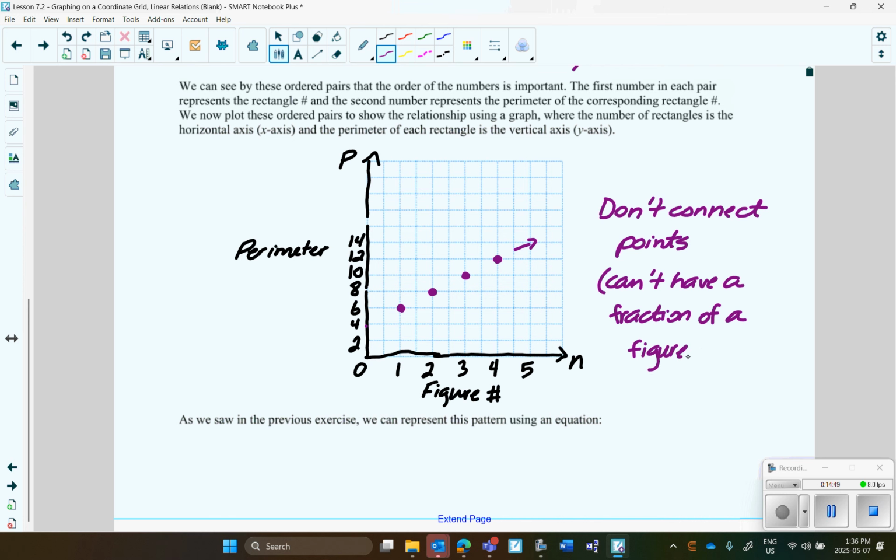There is no such thing as figure 1.5 or figure 2.76. It's 1, then 2, then 3, then 4.